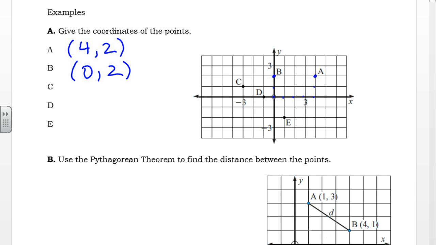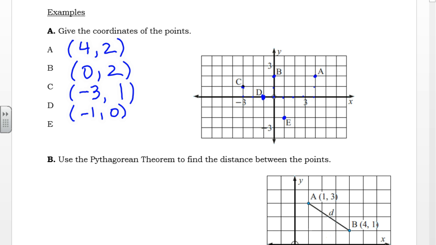Letter C is in the second quadrant. That is 1, 2, 3 units to the left. We represent units to the left with a negative, and then 1 unit up. Coordinate D is right here. That is 1 unit to the left and 0 units up. Coordinate E is right here.